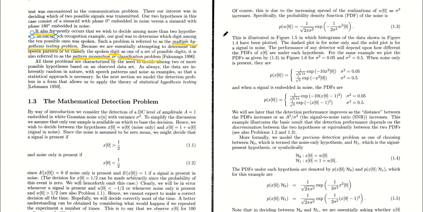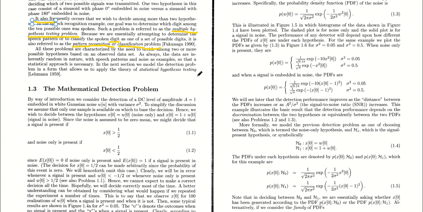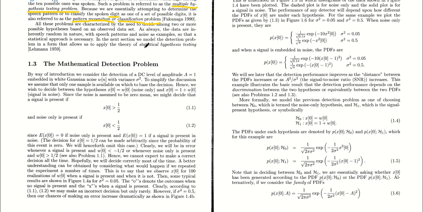Remember, one out of many. So, for example, you will pronounce 1, 2, 3, 4, up to 10. You are choosing one vocabulary out of the 10 possibilities. So that's the multiple hypothesis test problem. And it's statistical. Because of the noise, because of the uncertainty, it's a statistical hypothesis test problem.